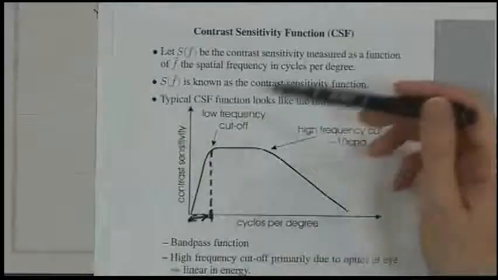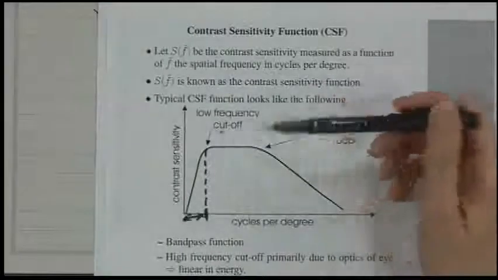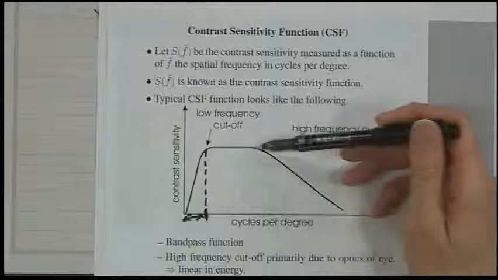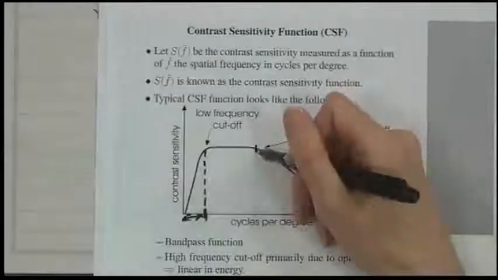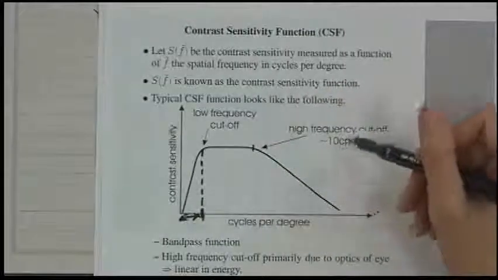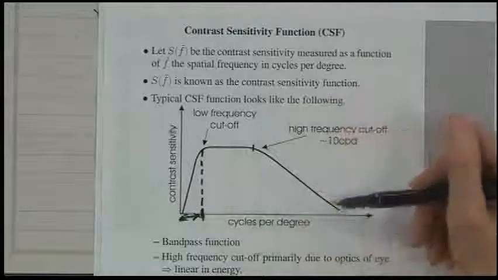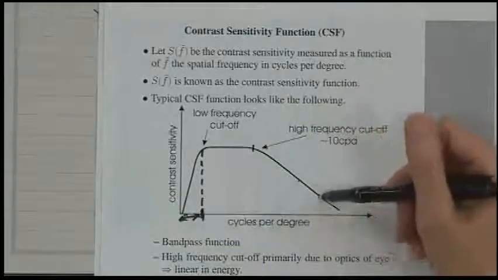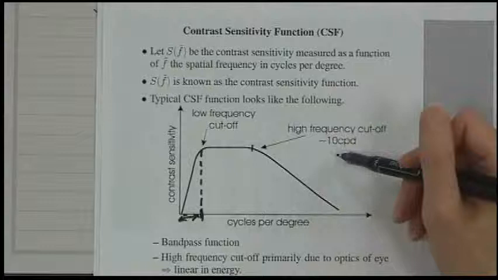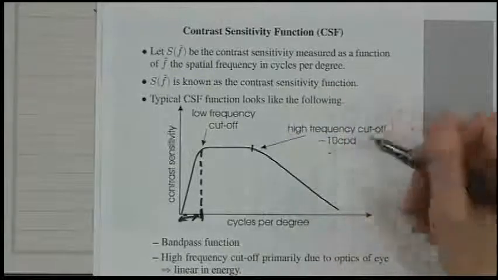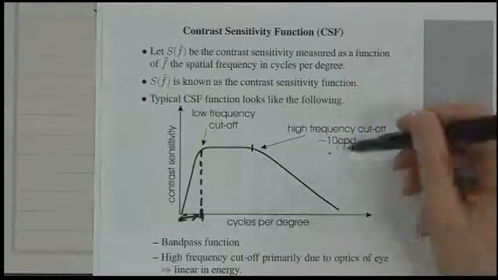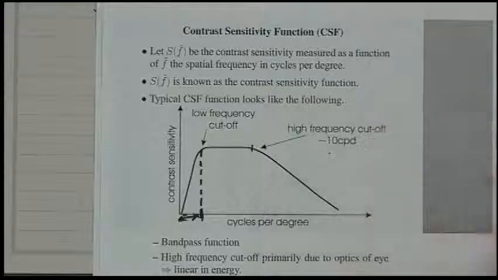The other aspect of this contrast sensitivity function is that it's relatively flat within a range, and then you have a high cutoff frequency where your response starts to roll off. Your contrast sensitivity starts to roll off as the frequency increases, and that roll-off occurs at approximately 10 cycles per degree in your visual field.